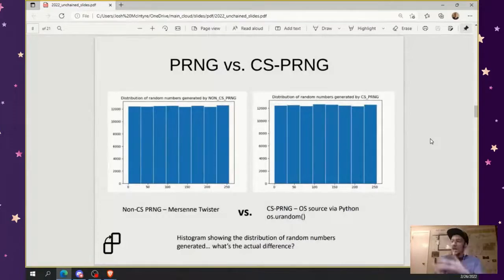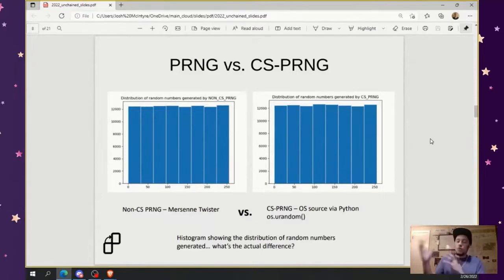So I put together a little program in Python that generates a bunch of random numbers, one using a non-cryptosecure PRNG, a very commonly used algorithm in most programming languages called the Mersenne twister.